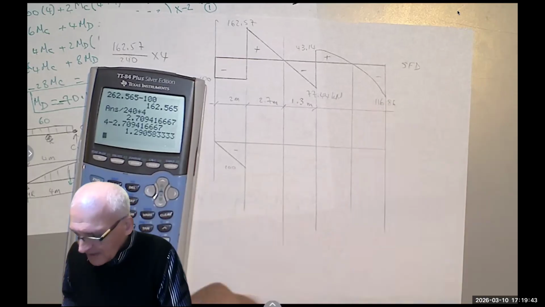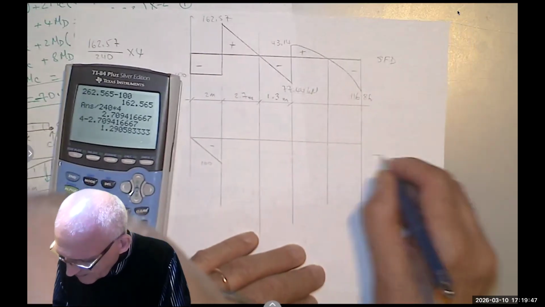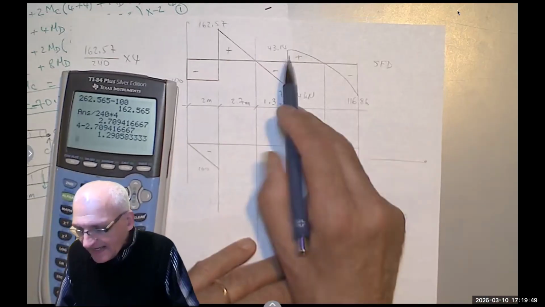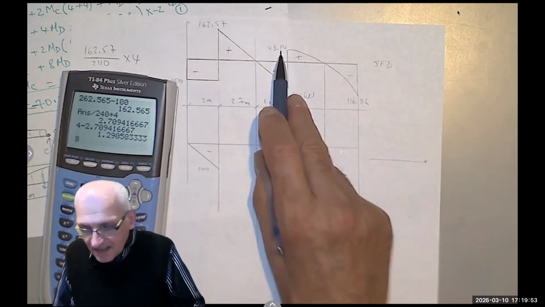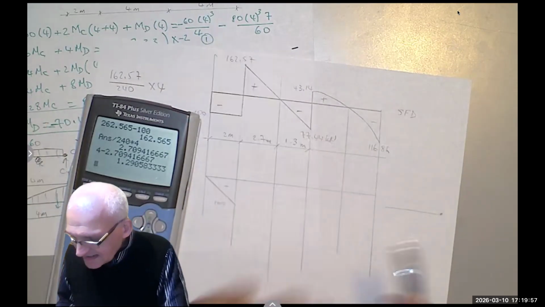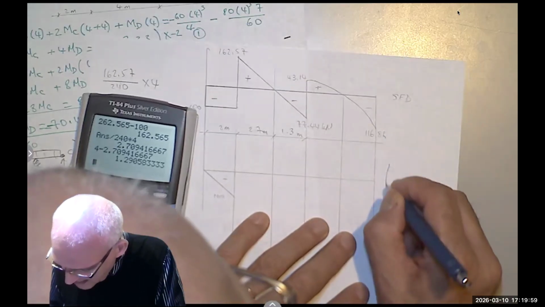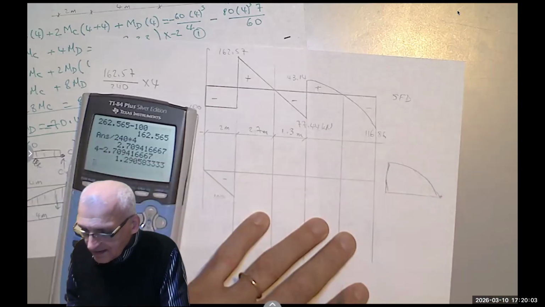What do I mean? If I add 116.86, that would be 0. And when I add 116.86, that would be the area of the weight, which is 160. So I will get a parabola that looks like that.